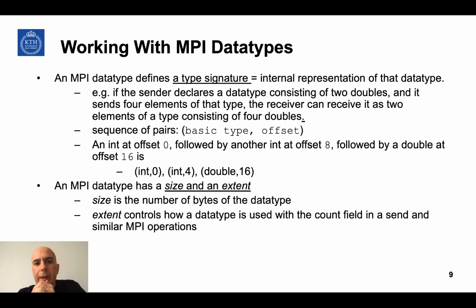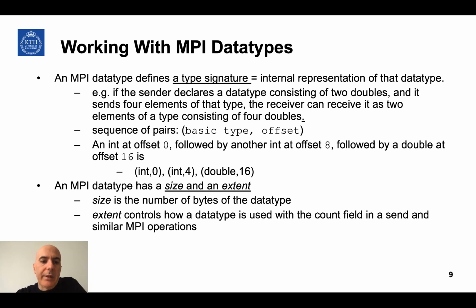A data type signature is defined as a sequence of pairs, basic type and offset. So a sequence can be an int at offset 0, followed by another int at offset 8, followed by a double at offset 16, and this will be basically defined as this sequence here on the slide.